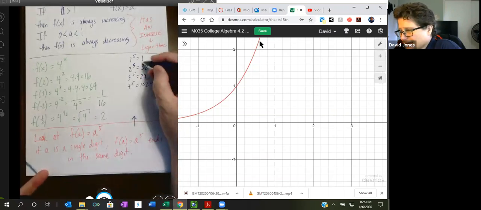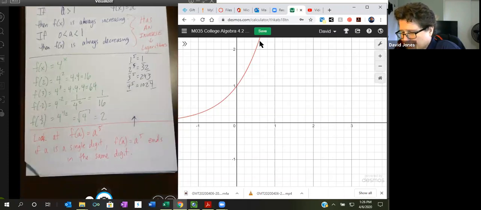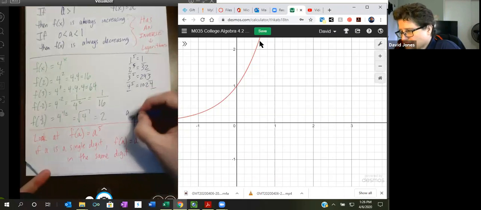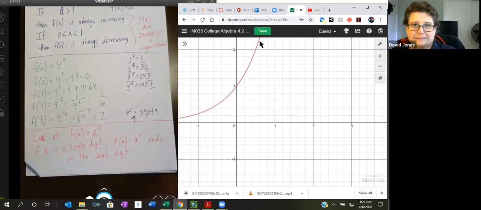Notice the ending digit matches the digit out here. Even 9 to the 5th power. Works for all of them. It's kind of neat. It's a fun fact. There's your Jeopardy question for the day.